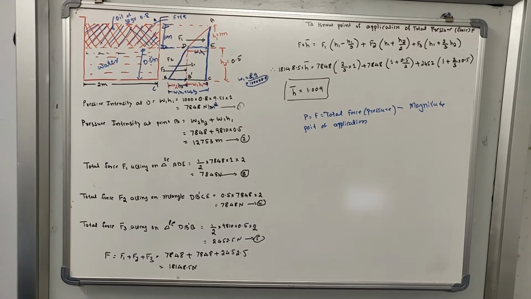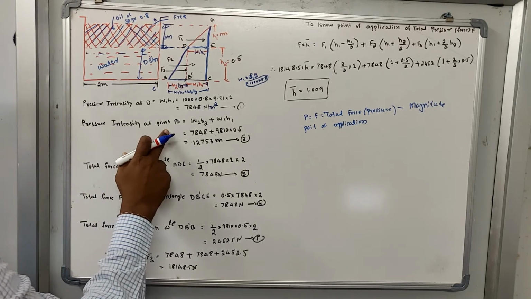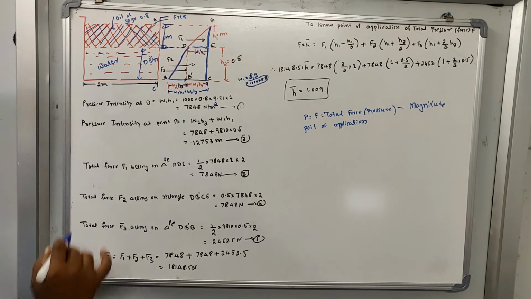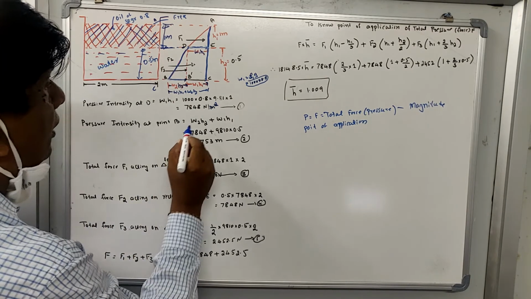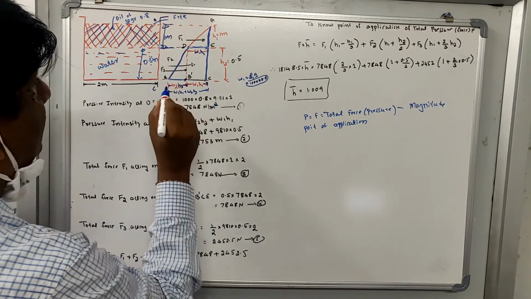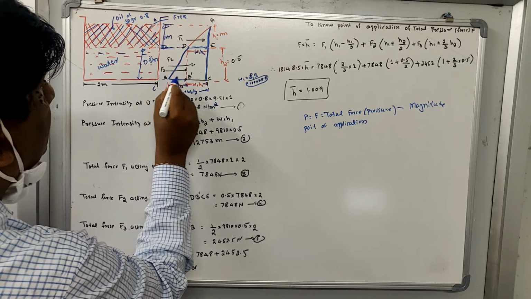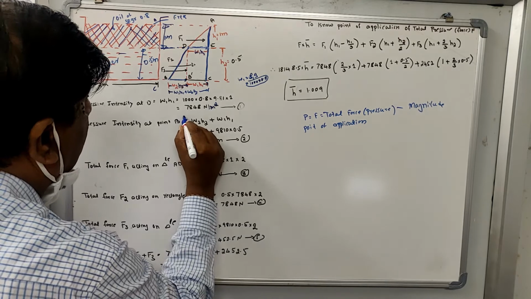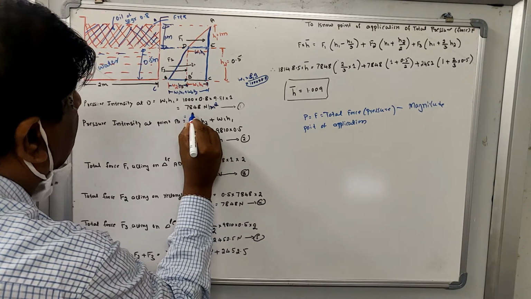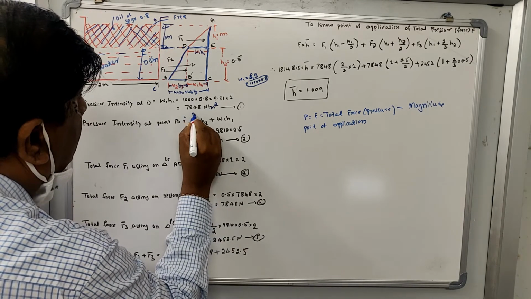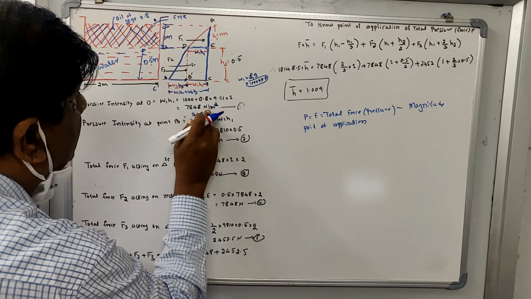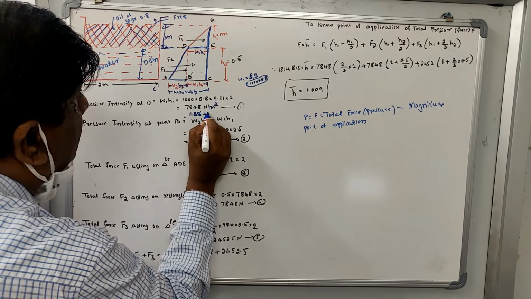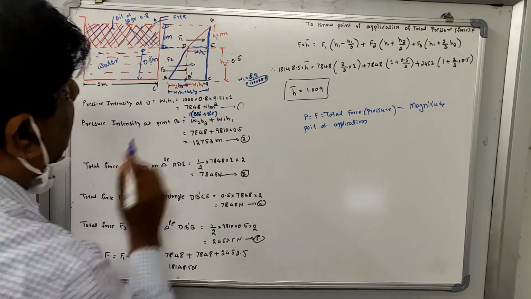Okay, next is the pressure intensity at point B, at the base of the tank. Pressure intensity at B is equal to pressure intensity at B dash plus B dash C. This is equal to what?